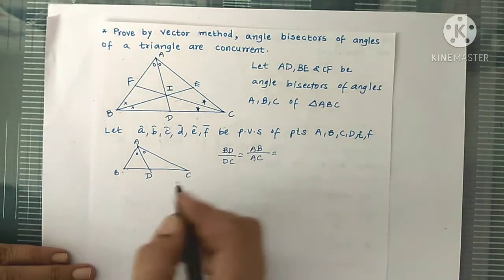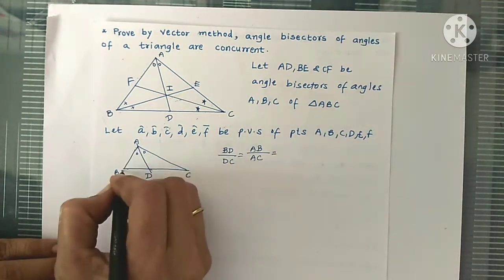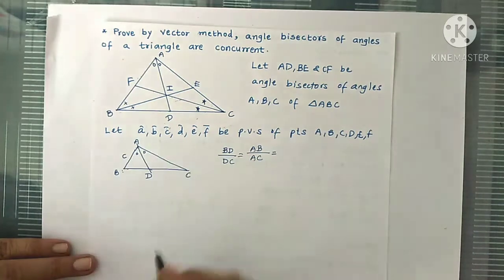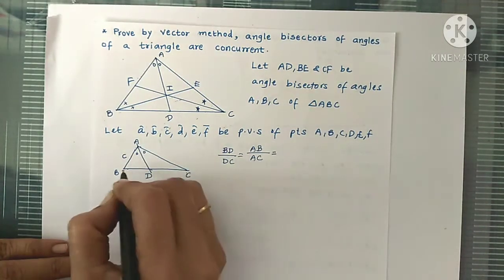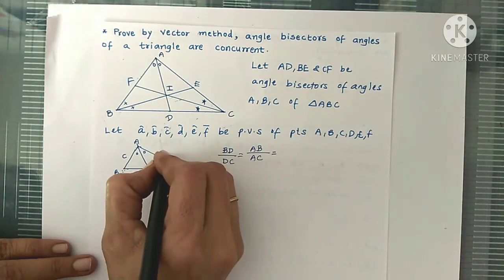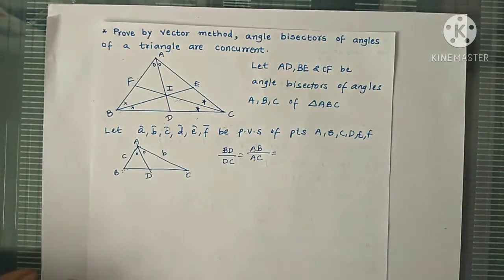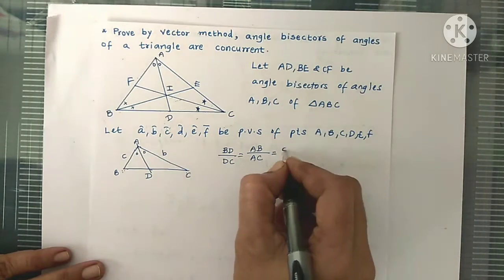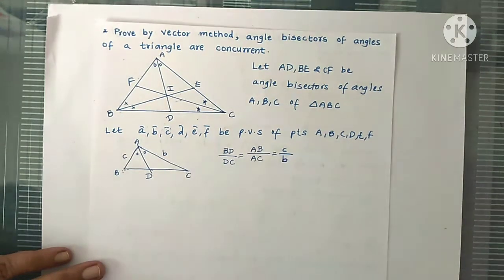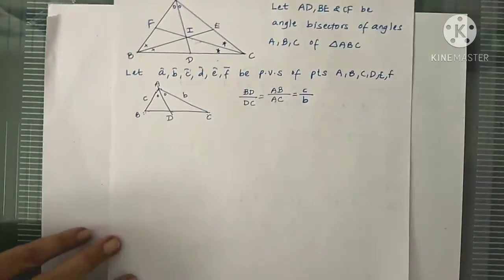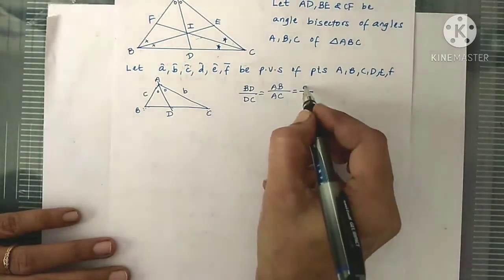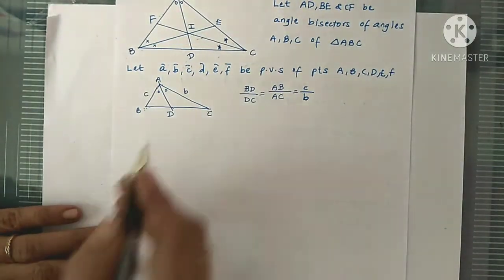Now by our convention for a triangle, side AB we write as small c, and side AC is opposite to angle B, so we denote it by small b. So AB upon AC is equal to c upon b. That means point D divides BC internally in the ratio c to b.